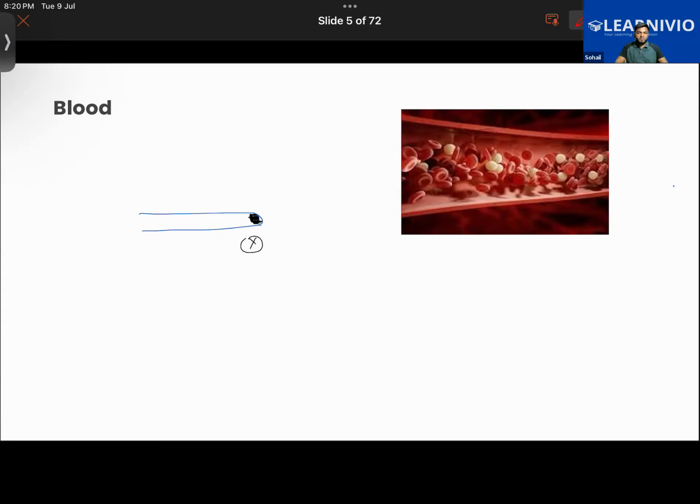What is the normal body temperature of the human body? 37. Very good. Okay, that is in degrees Celsius.